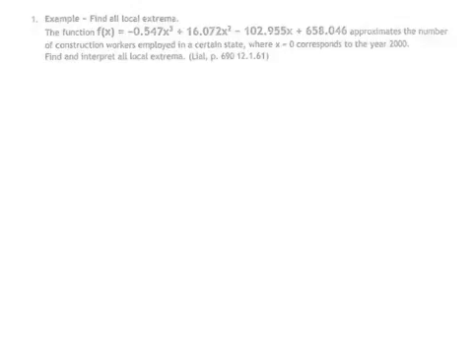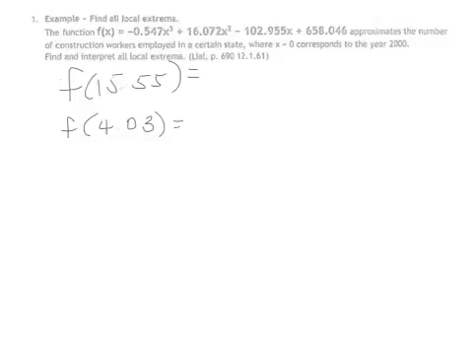Okay, so you would be solving for f at 15.55, and you would be solving for f at 4.03, and let's see if it bears it out. We've got 886.61 and 468.36.